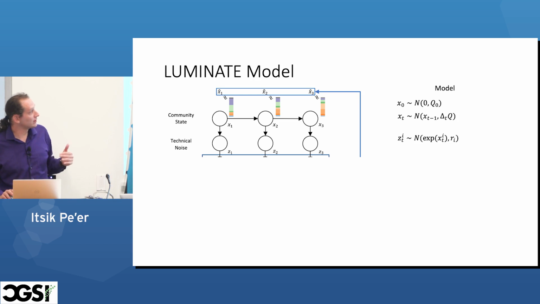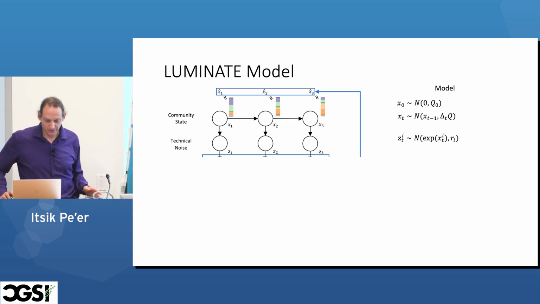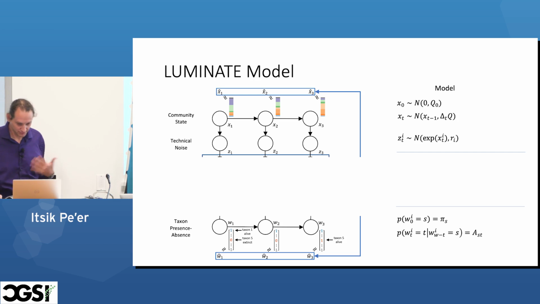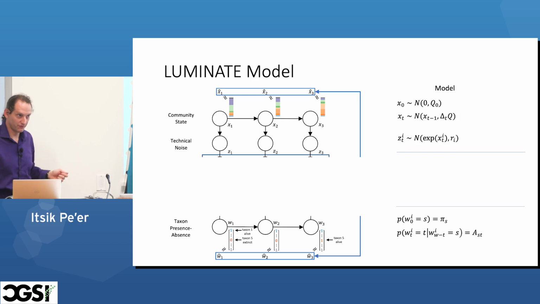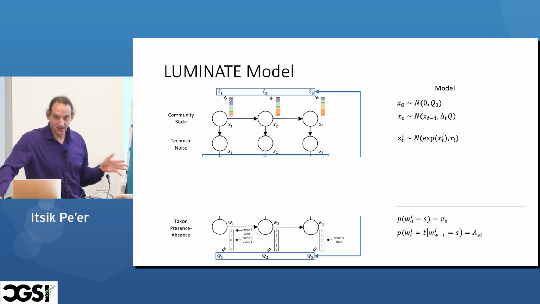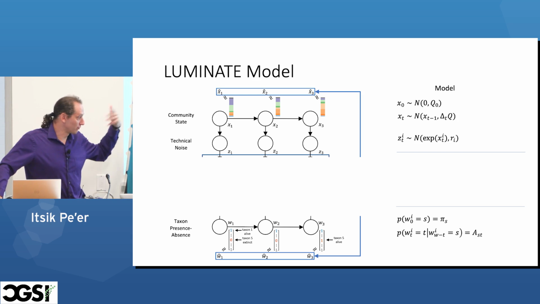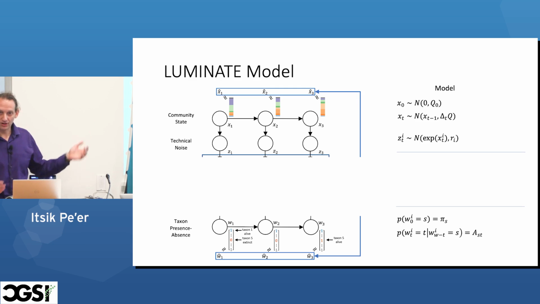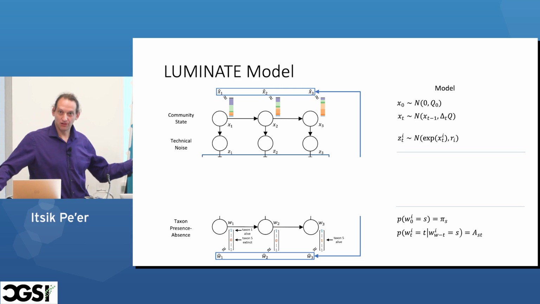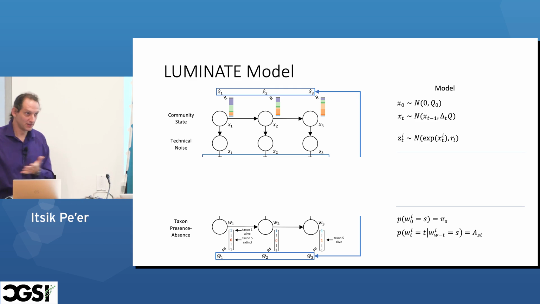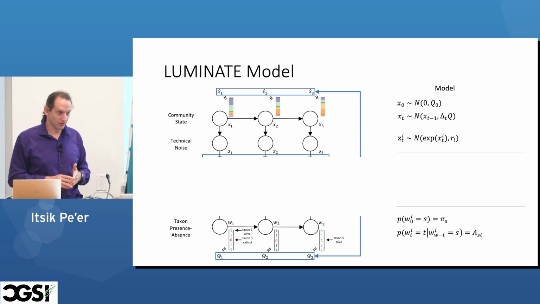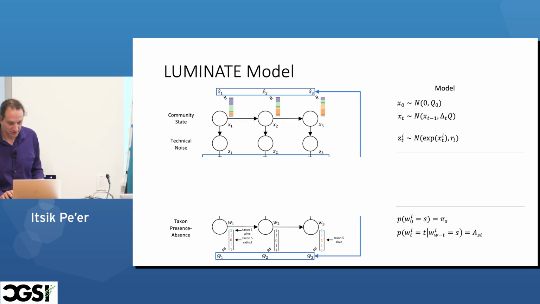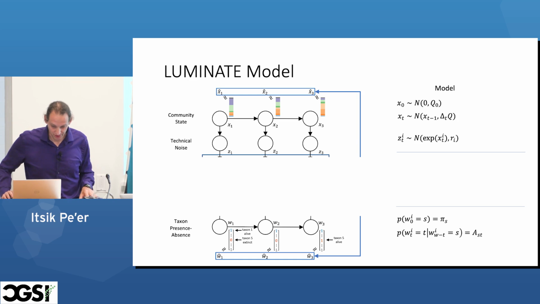So on top of this quantitative part of the model, we added a dichotomous vector of the species that allows species to appear, say if there is contamination or infection, and allows species to disappear if they get eliminated, because then they're out of this game of frequency once they're eliminated from the mixture.